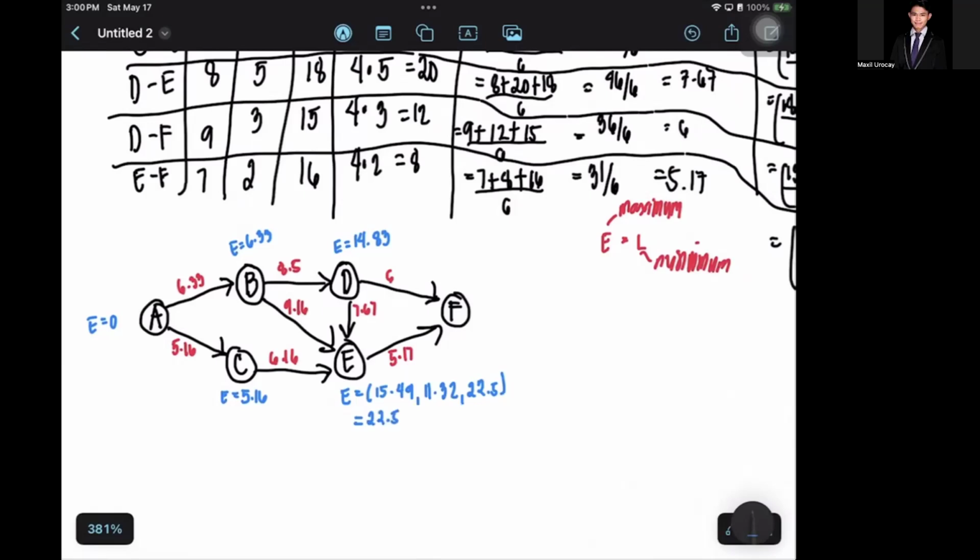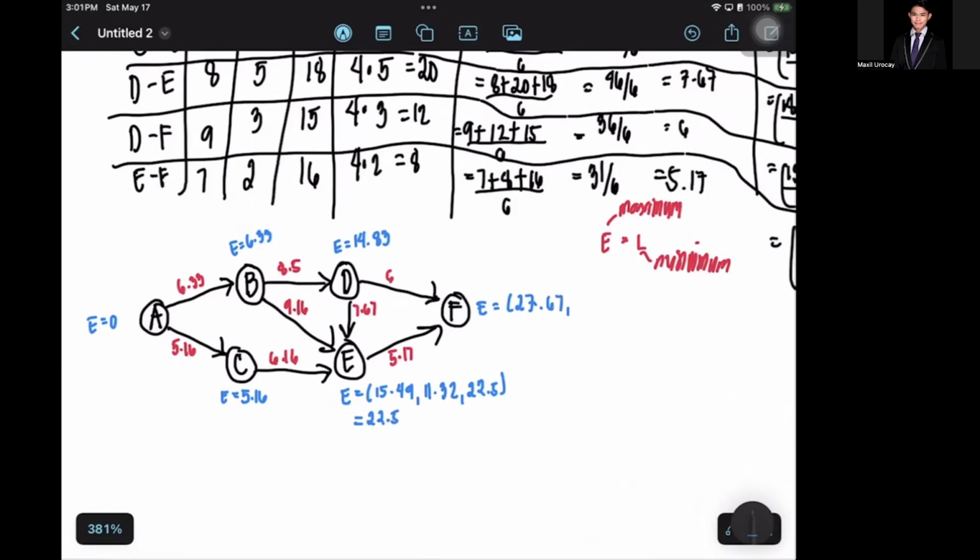Now we'll deal with F. From E, 22.5 plus 5.17 is 27.67.